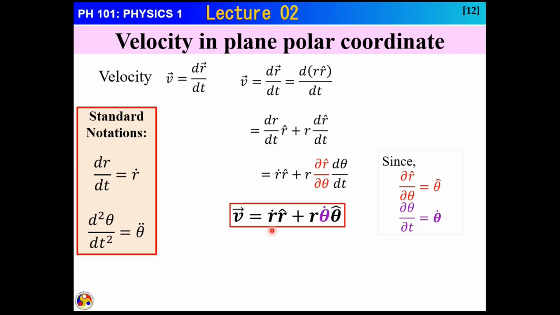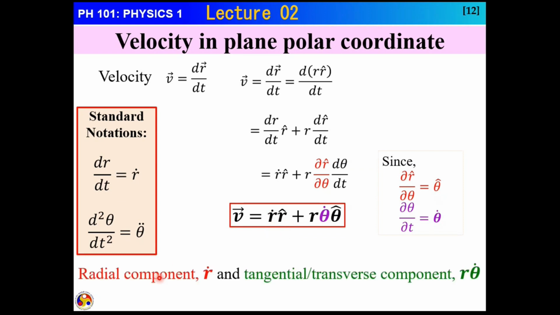Well, it's very intuitively clear that there are two parts of this velocity. One is the radial component, which is r dot. So if there is an increase in the distance from the origin, there is going to be velocity along this direction. But if it has some rotation tendency, then it is called the tangential component, tangential velocity, or also transverse velocity, and the transverse velocity is given as r theta dot.